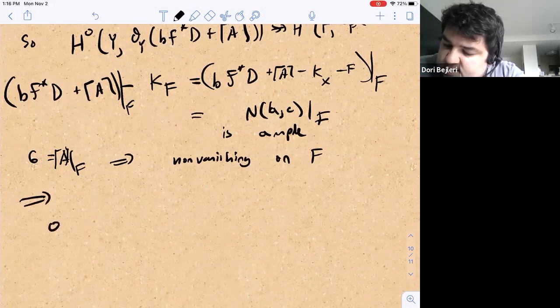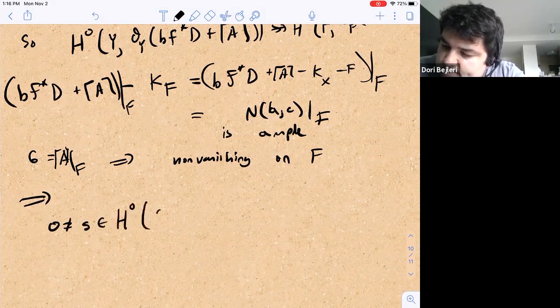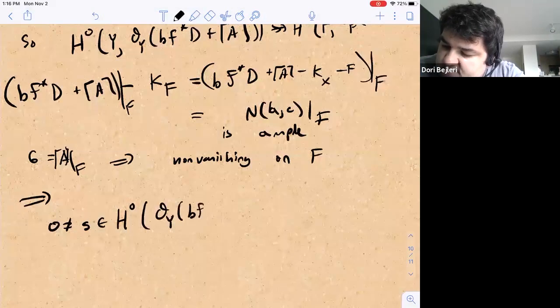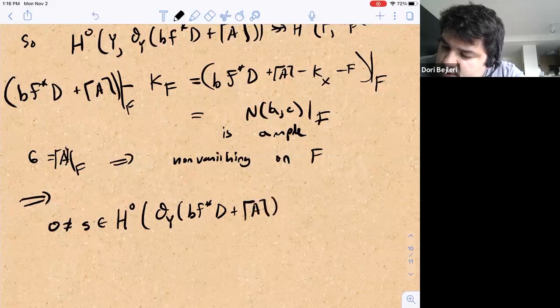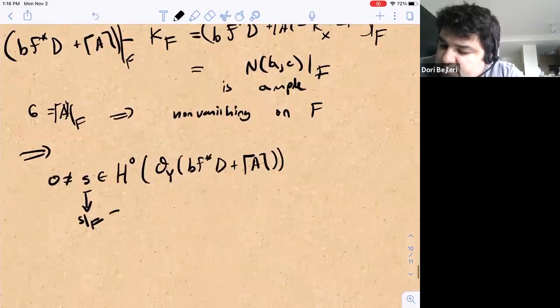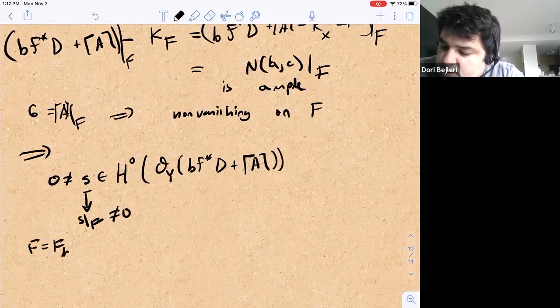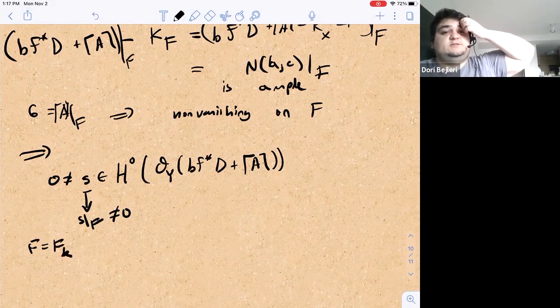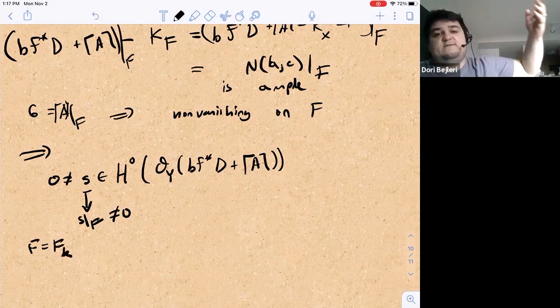We've picked a non-zero section of bf upper star d plus the roundup of a, such that when you restrict it to f, it's still not 0. And remember, f was this component of the stable base locus of BF upper star D.